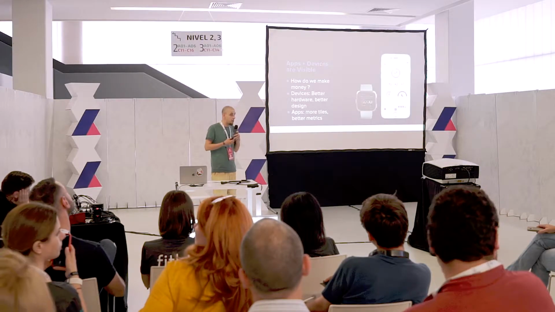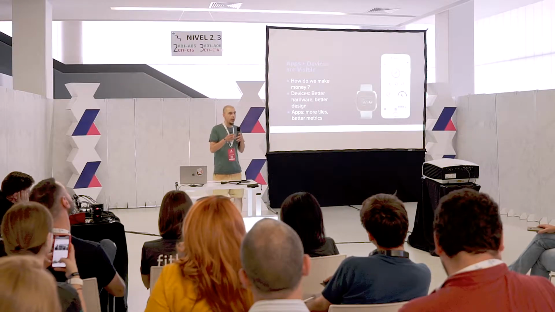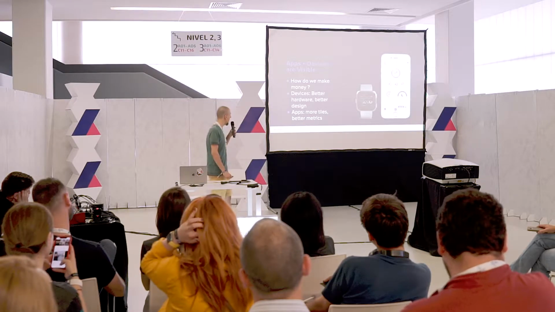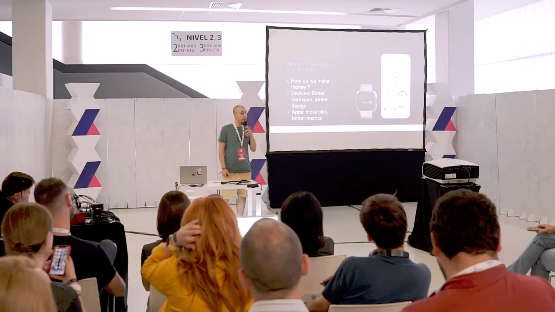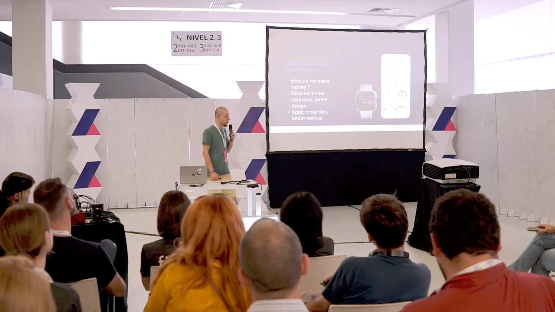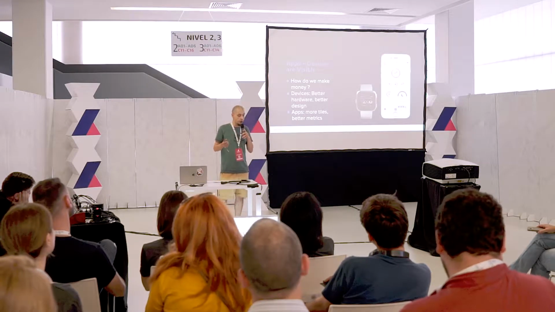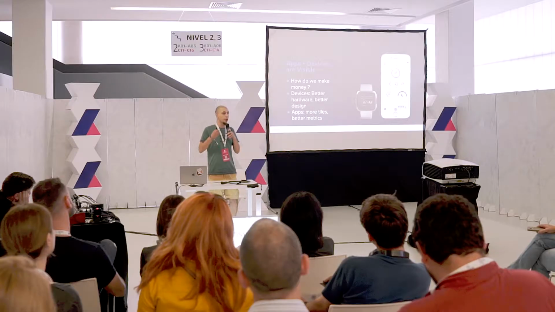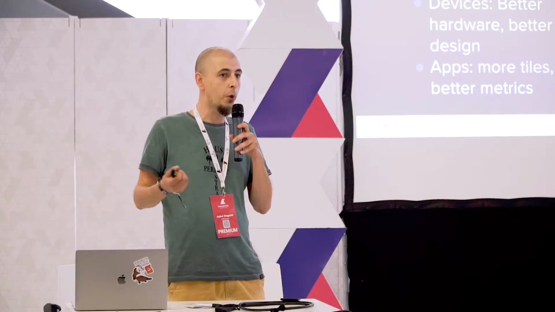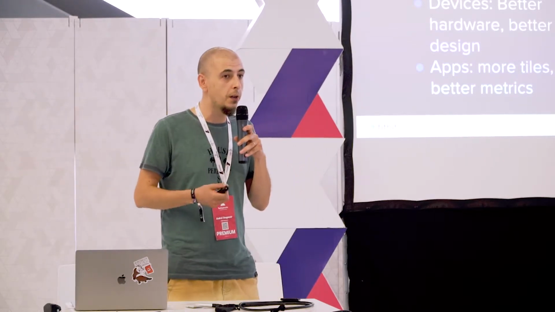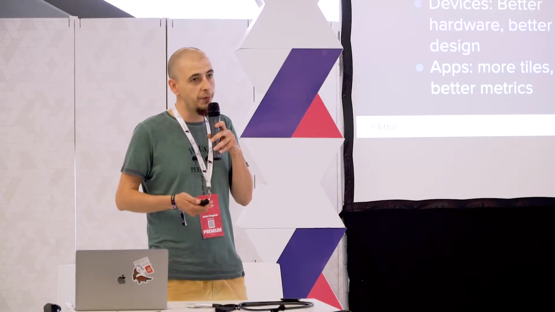So how do we make more money, right? We've got state A, how do we get to state B? It's pretty simple. For devices, we can do better design. We have a great design team; we change the design, we change the hardware, we implement better features, better sensors, pretty straightforward. Same thing for the applications. We experiment with new tiles, new metrics for the user. It's pretty straightforward feature development, right?